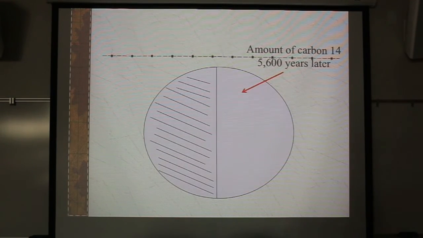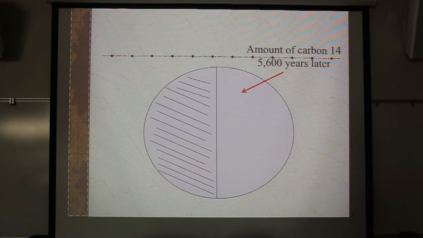So 5,600 years later, you would expect that about half of the isotopes will decay and will no longer be carbon-14. So you took that whole thing of carbon-14, and it takes about 5,600 years, you would expect, to lose about half of it.